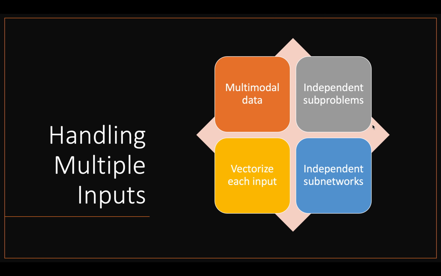It's of course not impossible. You could train one shallow model on the image and another one on the text, and then use the model combination technique as we discussed before. If you cannot divide your problem into two independent subproblems, then you can try to vectorize each input and then simply concatenate the two feature vectors together to form one wider feature vector.